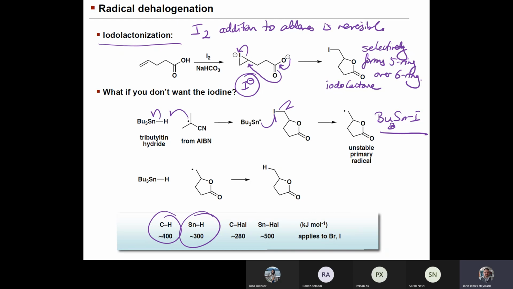Remember, a radical can be stabilized by either an electron donating or an electron withdrawing group, and primary groups have neither of those things. So this is unstable, and it is reactive. And it is reactive enough, particularly, to be able to take the hydrogen off another tributyl tin hydride to generate another tributyl tin radical, which then re-enters our propagation cycle and gives us our desired lactone.